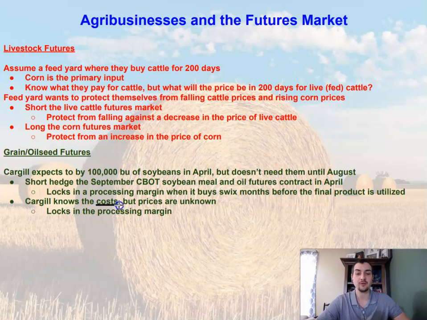They're going to know the price at which they're buying it, but the prices of the products are unknown. So what they're trying to do is establish or forward price those soybean meal and oil prices, or lock in those prices. And by locking in those prices, they're locking in that processing margin, hopefully to where they can actually make a profit off of it.